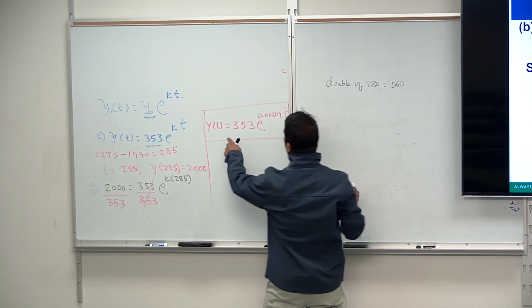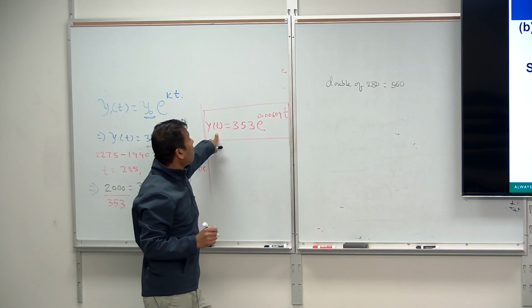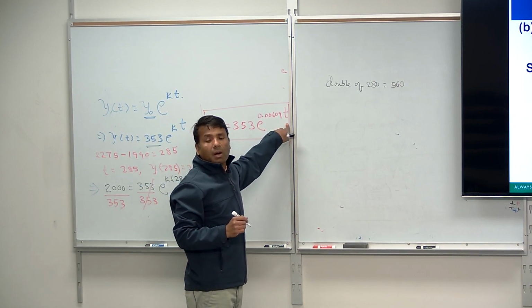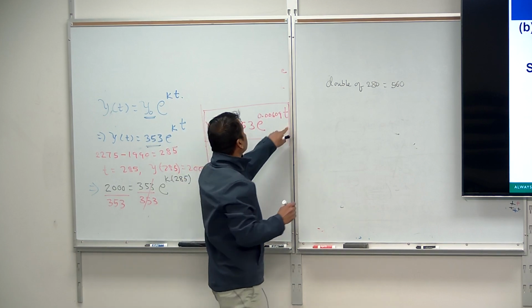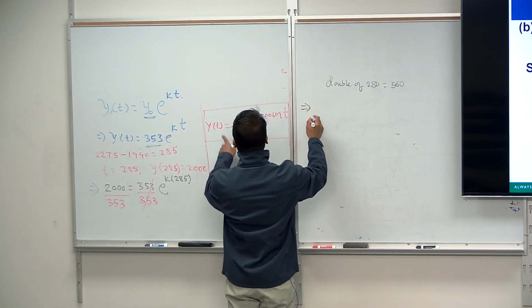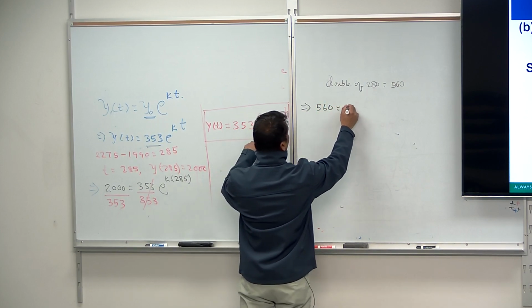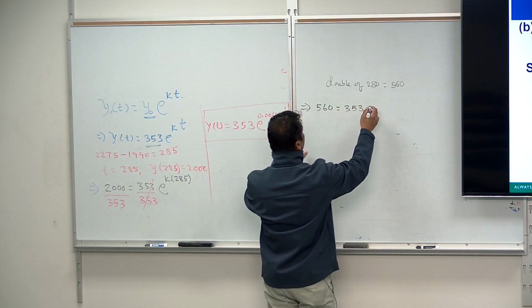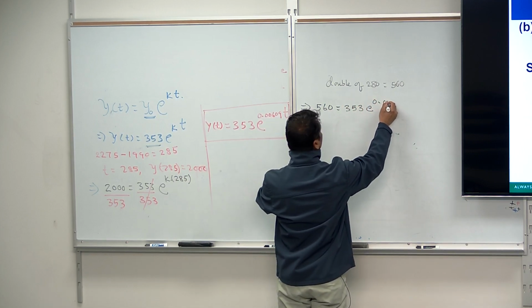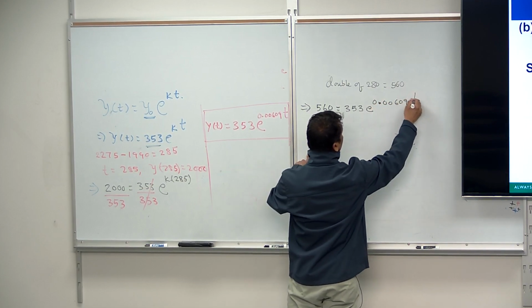So you plug in y(t) equal to 560 and solve for t. So that will give you the year. That makes sense? So now if you plug in 560 here, 560 equals 353 times e to the power 0.00609t.